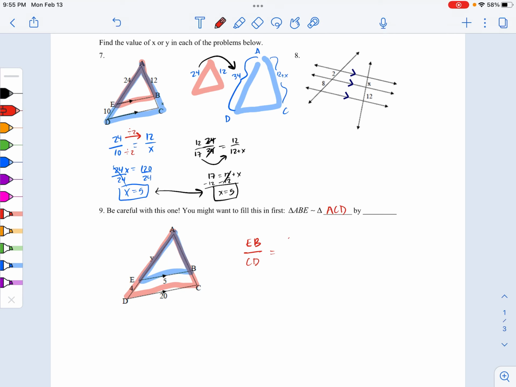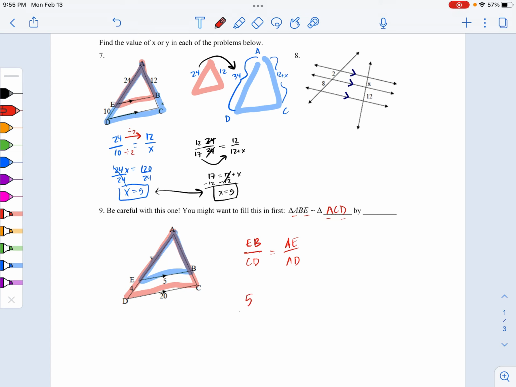EB was on the small one, so we have EB. So we'll go AE is the blue. AE, yep. And then AD, so AE is the first and the last. And then go over AD, that is also the first and the last of the second triangle. So this is your proportion.